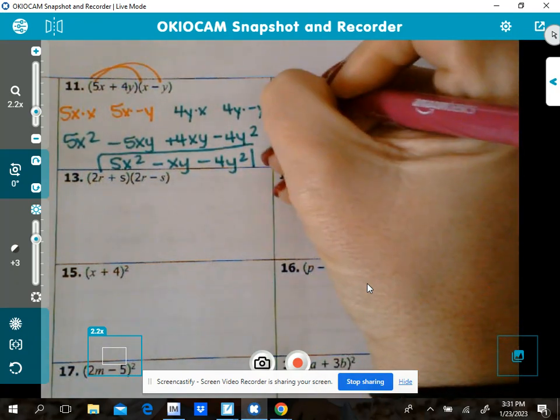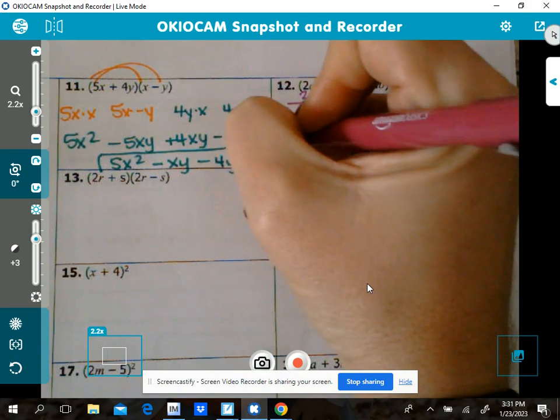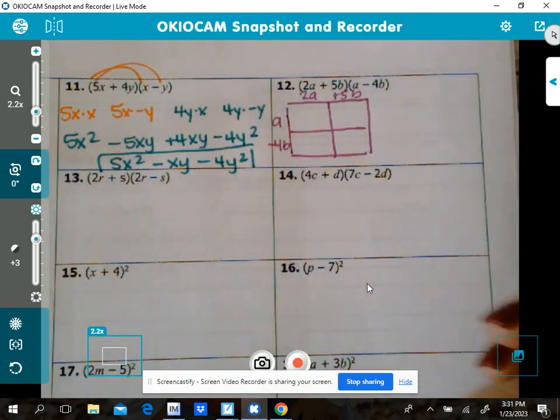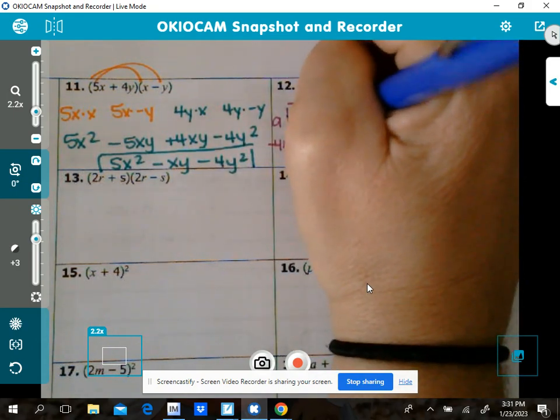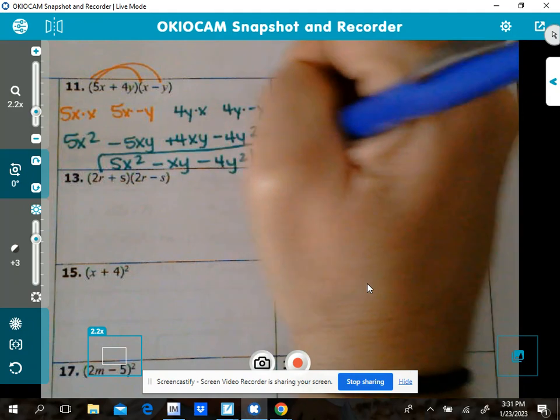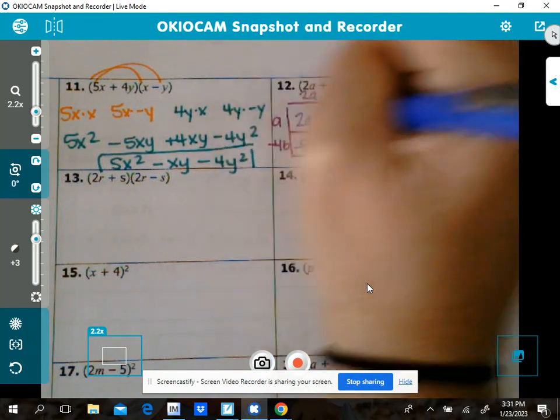Try to make this box a little bigger. So that's 2a plus 5b and a minus 4b. All right, so 2a times a is going to give me 2a squared. A times 5b is going to be 5ab. 2a times negative 4b is going to be negative 8ab.